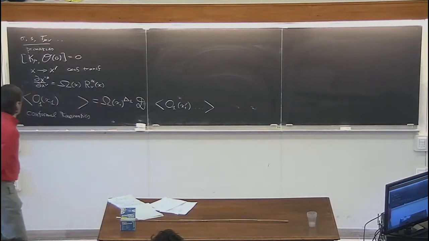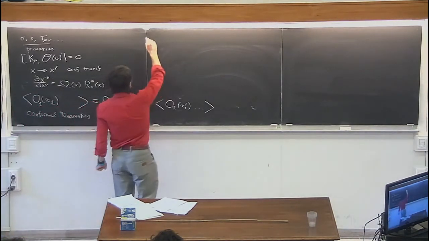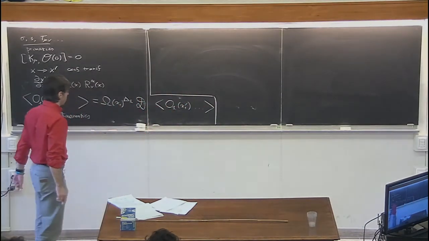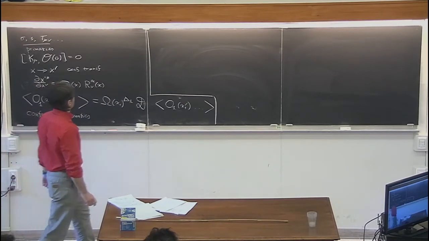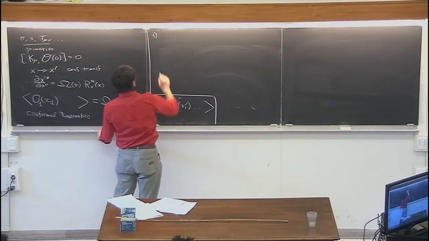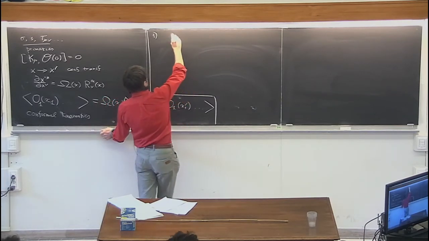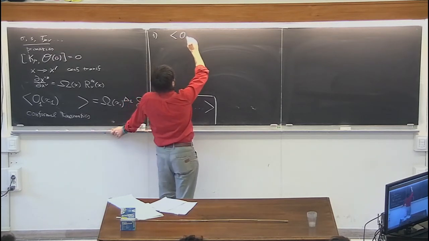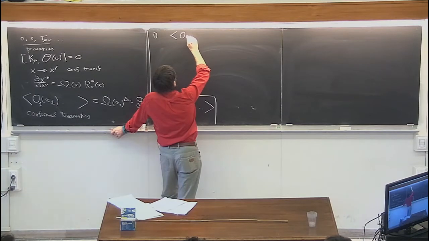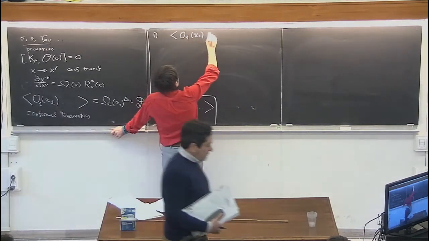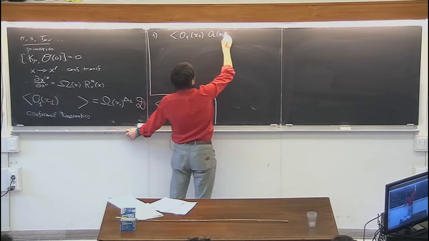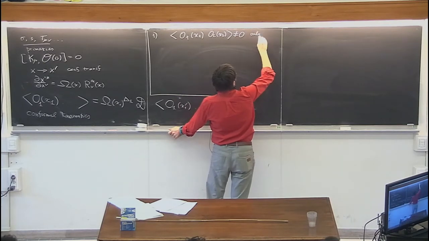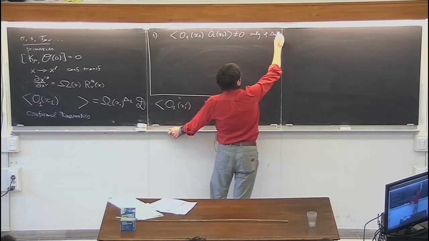These constraints have a series of important consequences, and let me first tell you what the consequences are, and then we will discuss how to derive them. The first property is that as a consequence of this constraint, the 2-point function of primary operators, say O1 of x1, O2 of x2, is non-zero only if delta 1 is equal to delta 2.